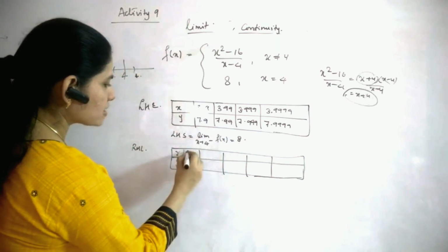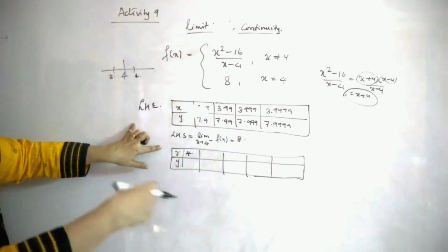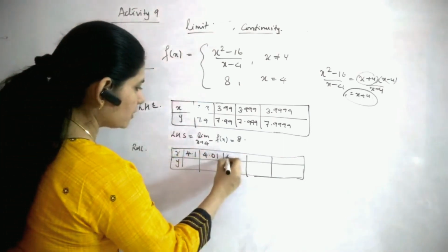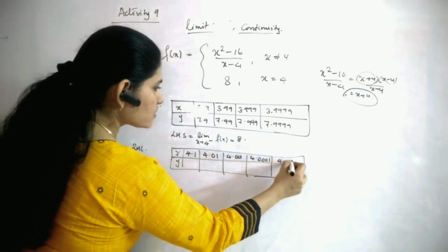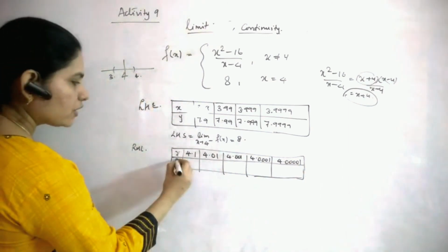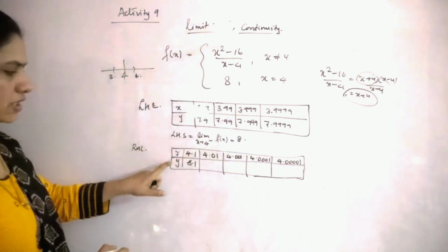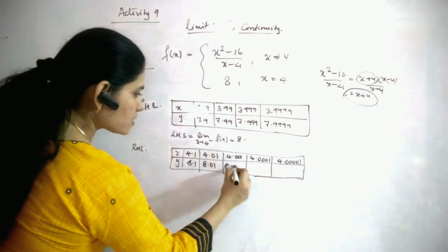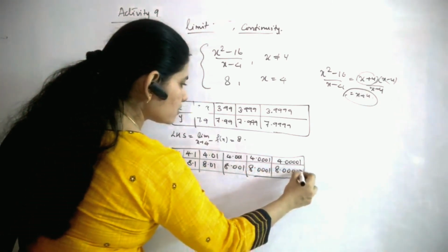Again you add 4 and write the value, so you will get f of x as 8.1, 8.01, 8.001, 8.0001, 8.00001.